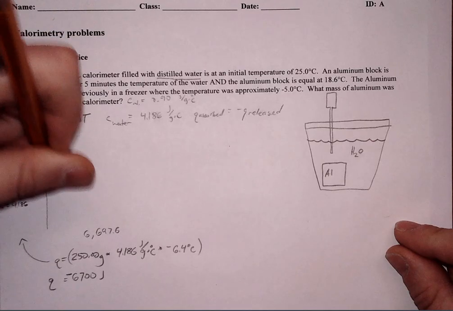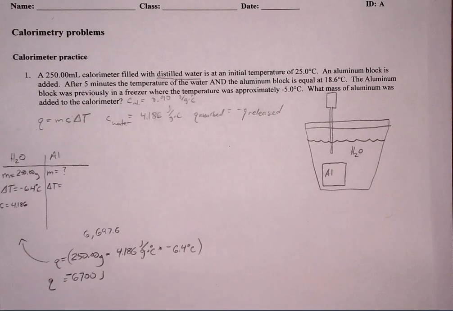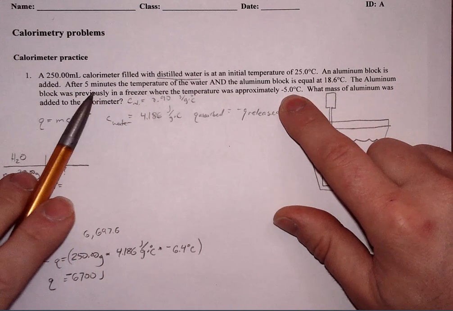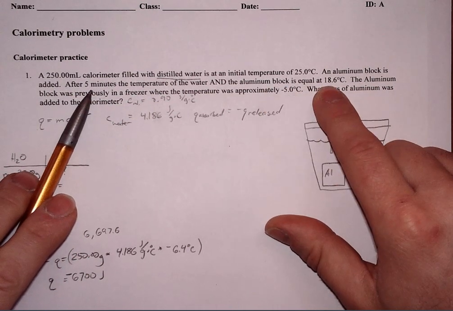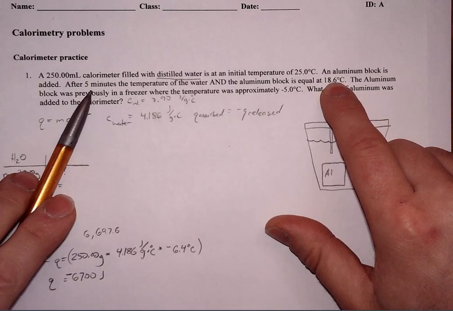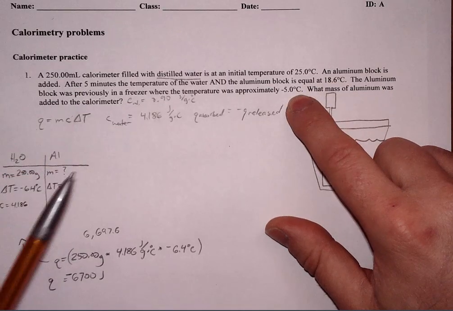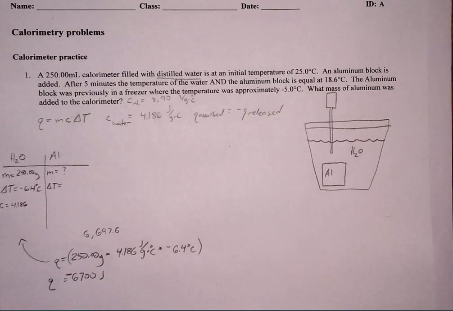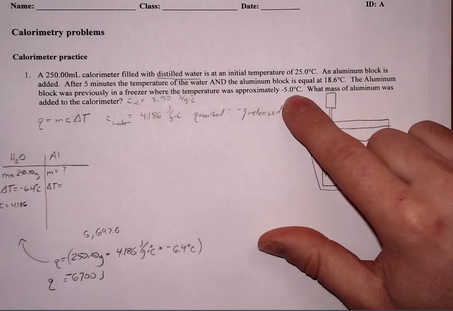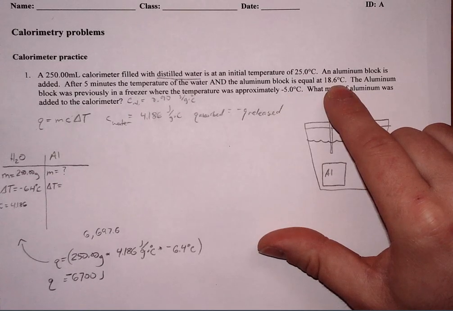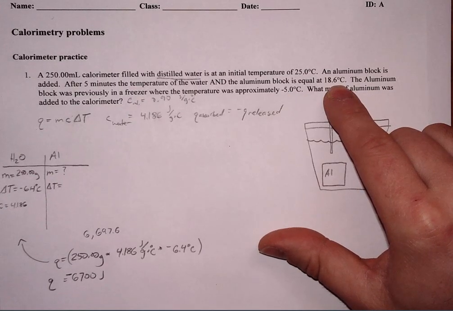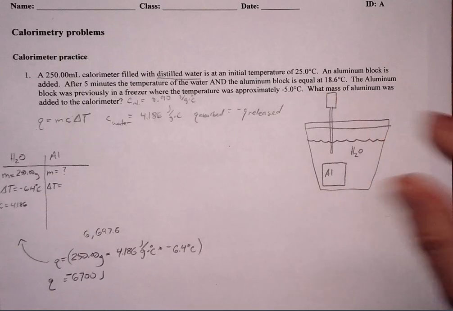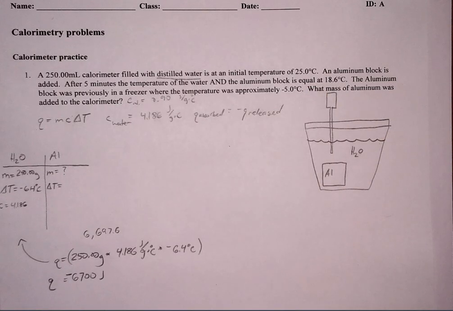I do know my change in temperature, and it actually is implied here, because when they both sit and reach a thermal equilibrium, this is going to be my final temperature of the aluminum, and this is going to be my initial temperature of the aluminum, which is at -5. And so, if I think about my change in temperature, I've got my final, which is 18.6, minus my initial, which is the same thing as adding 5.